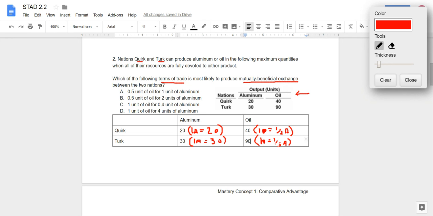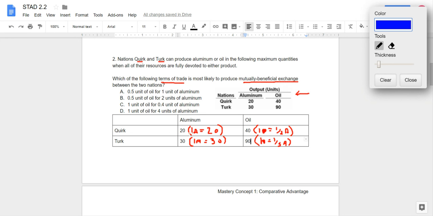Again, it's just the reciprocal of that other one, or you can do the other, 30 over 90, which simplifies to 1/3.